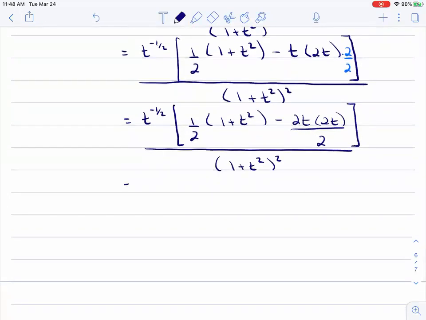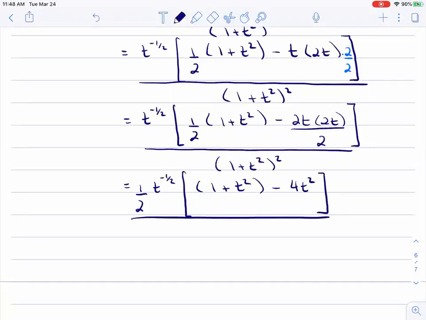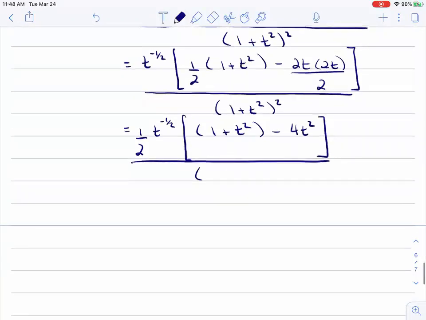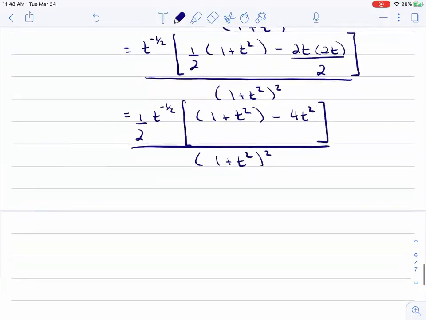So now I can factor out a common 1/2 here: 1/2 t to the negative 1/2 times 1 plus t squared minus basically 4t squared, over 1 plus t squared, squared.